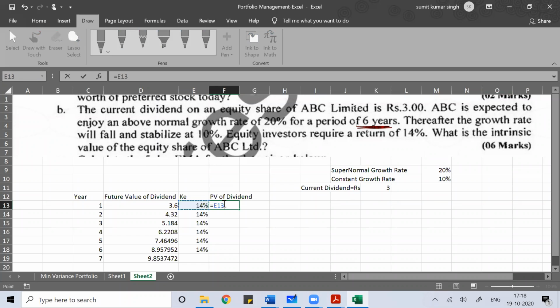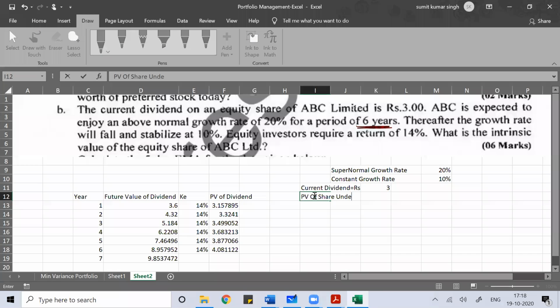Finding the present value means this value divided by 1 plus 14% to the power 1. Now this is the present value of the share.